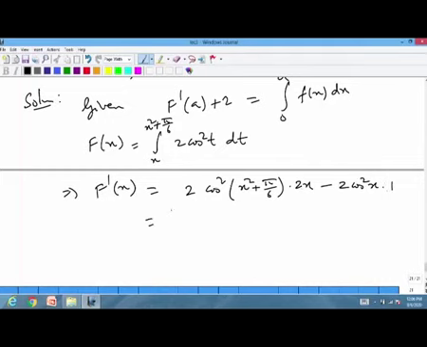So, this is equal to 4 x cos square x square plus pi by 6 minus 2 cos square x.